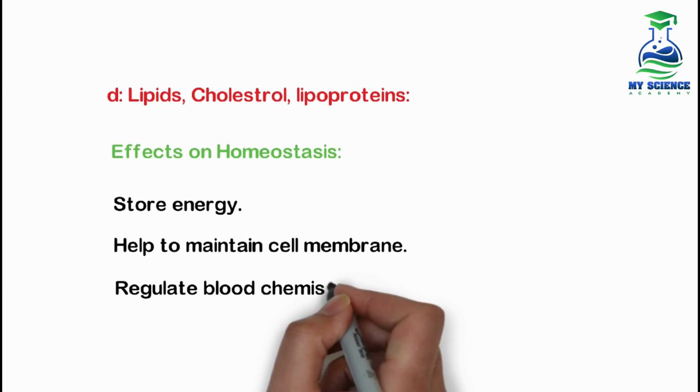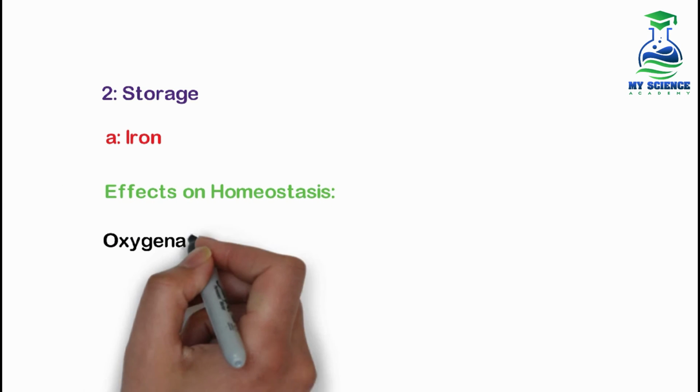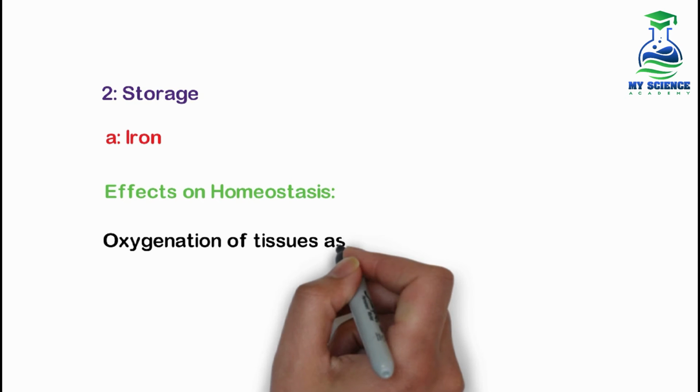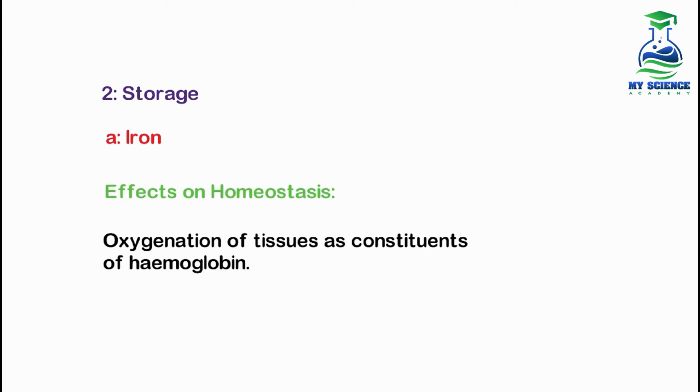They also regulate the blood chemistry. The second function of liver is the storage of iron. How does it affect homeostasis? Oxygenation of tissues, as a constituent of hemoglobin.